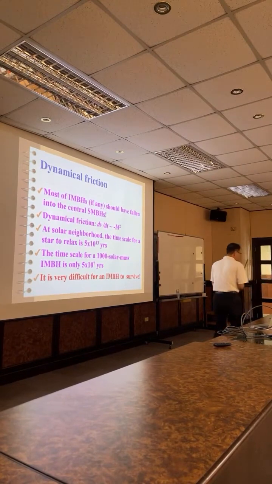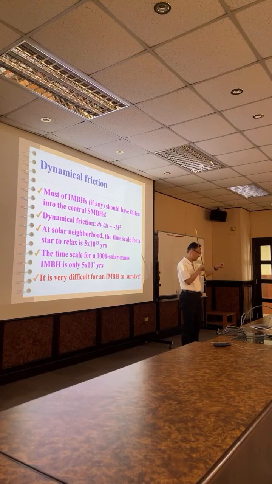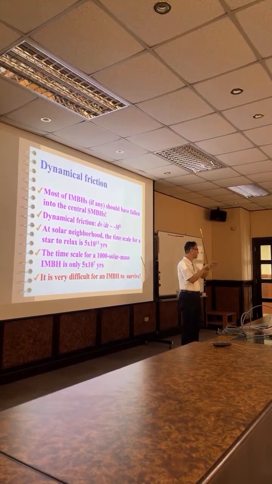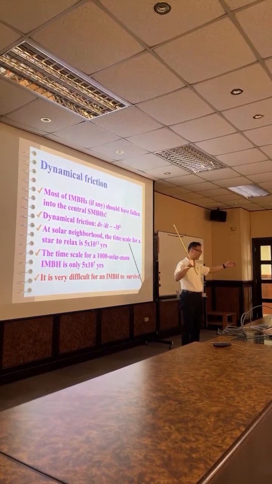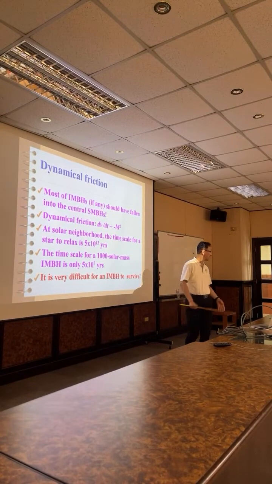No, when I say collide, it is dynamical friction, which means you don't really collide with each other. They just have an influence on each other. When a star passes by, the star gets energy, the intermediate mass black hole loses energy, and then you keep falling into the center of the galaxy.